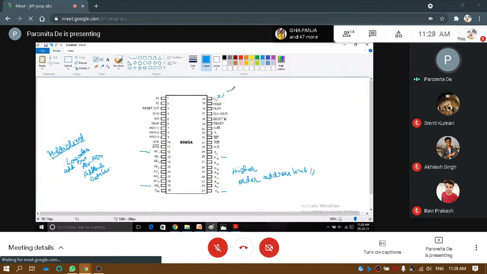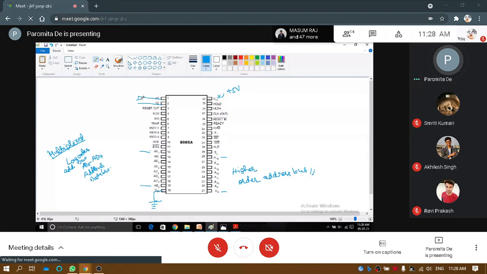VCC is your supply, plus 5 volt, goes to VCC. And here is VSS, it will come to the ground. Then this is X1 and X2.